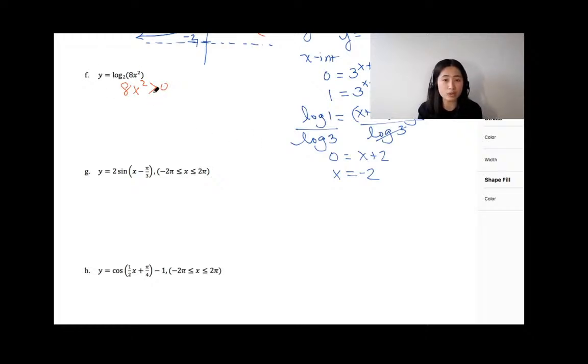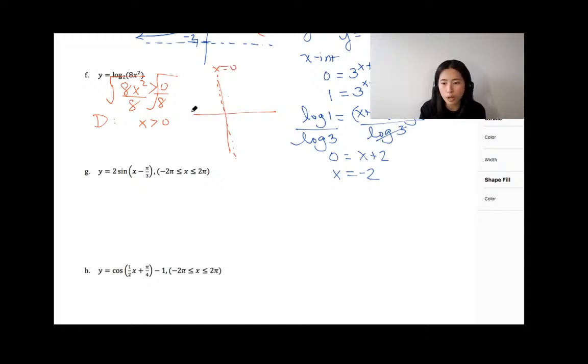That's why it needs to be greater than 0. So when you divide both sides by 8 and take the square root afterwards, you're going to see that x needs to be greater than 0, and therefore your domain is x greater than 0. As a result, we have x equal to 0, which is our vertical asymptote.